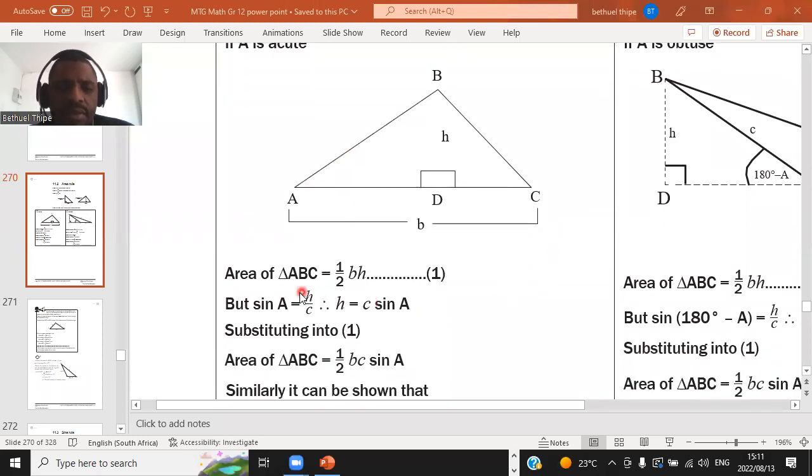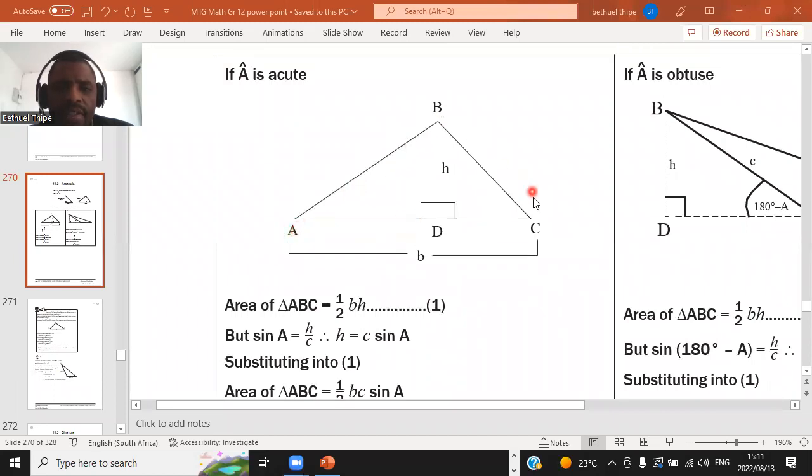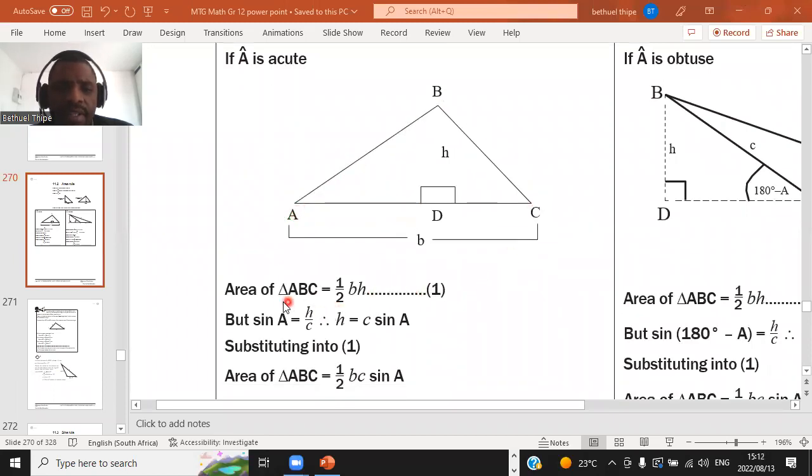So the first thing that we do when we prove the area rule, we first consider the whole triangle here, which is triangle ABC. We remember that the area of ABC is half of base times height, and we name this equation number 1.